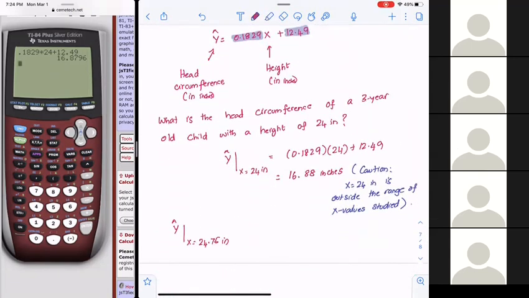So all we have to do is plug in 24.75 and we will get the corresponding circumference. And that comes to a value of about 17.02 inches.